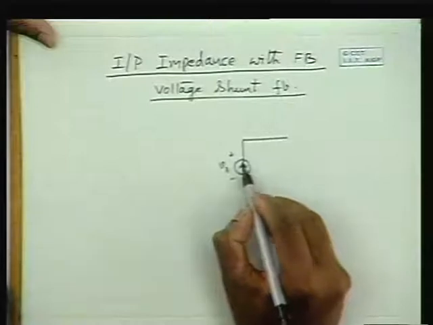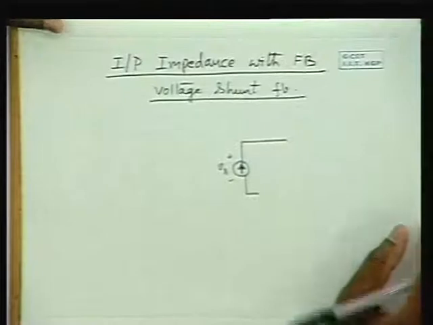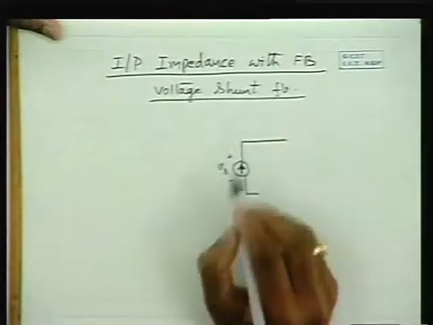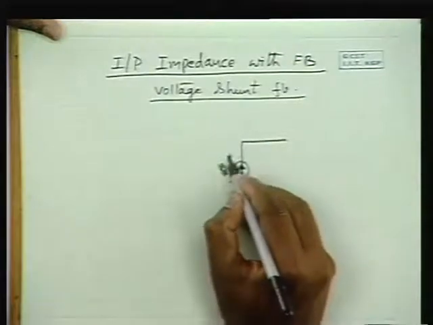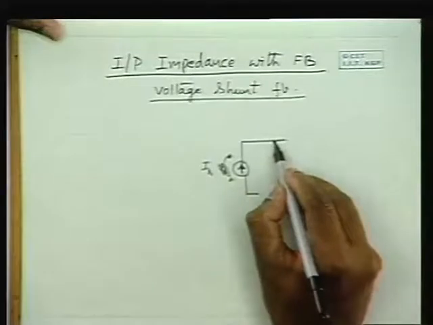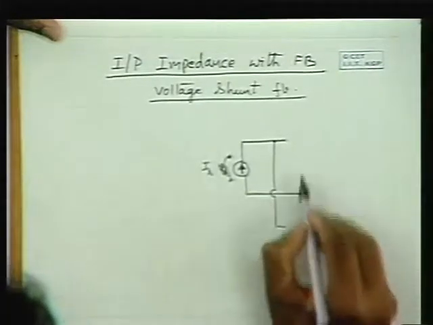Only in such cases do we give current feedback or shunt feedback. So let the source current be Is and the feedback current be If.